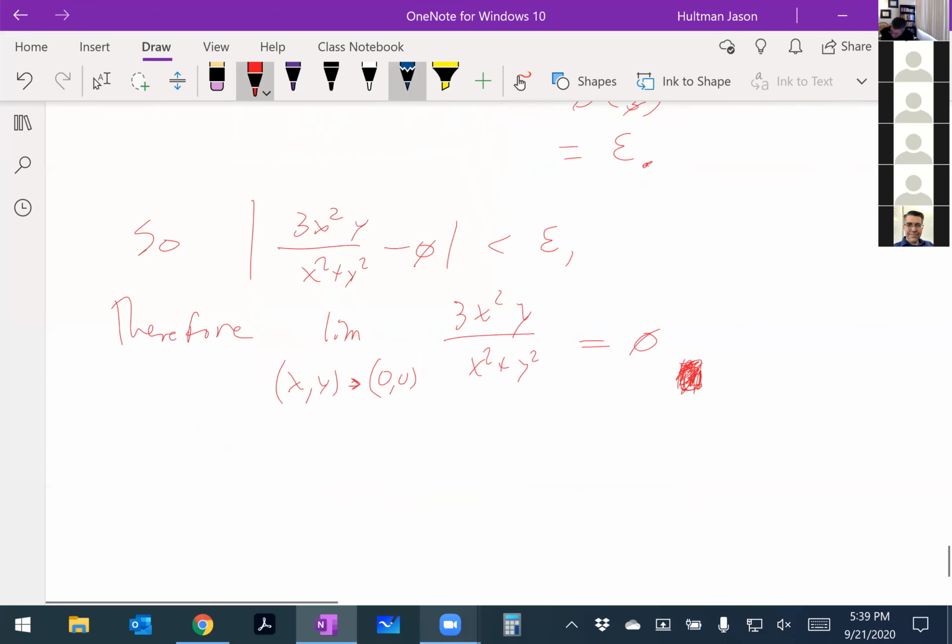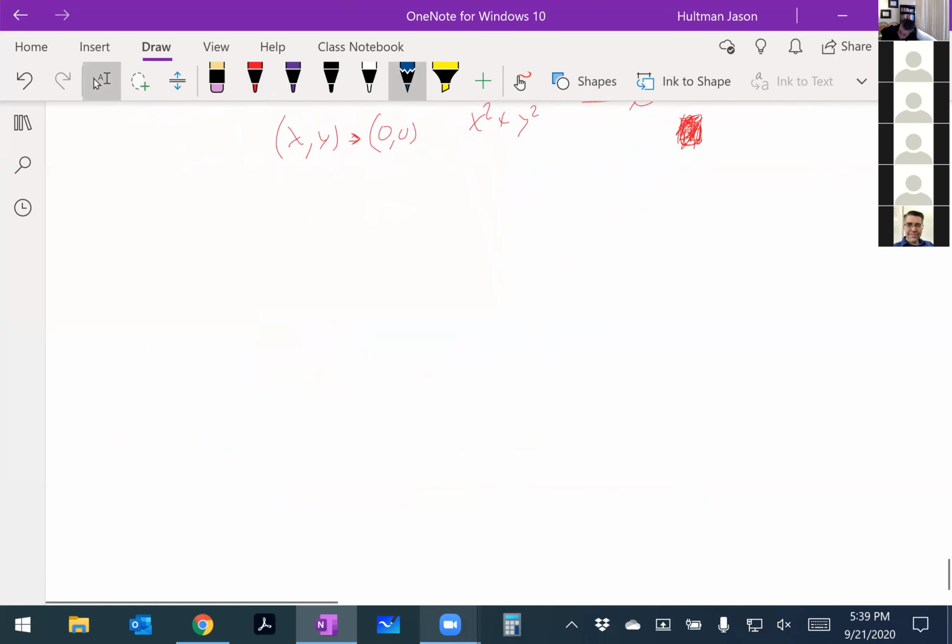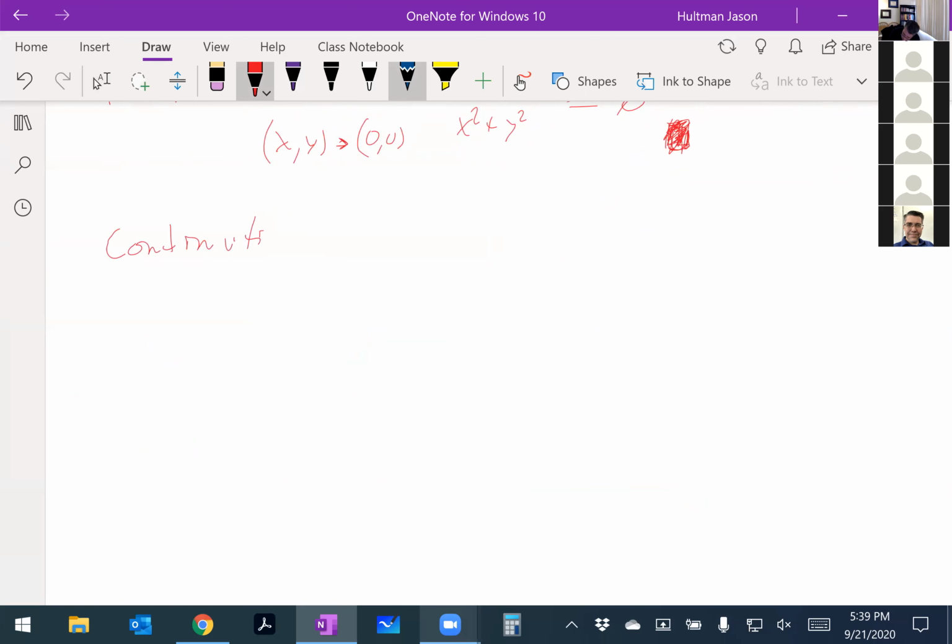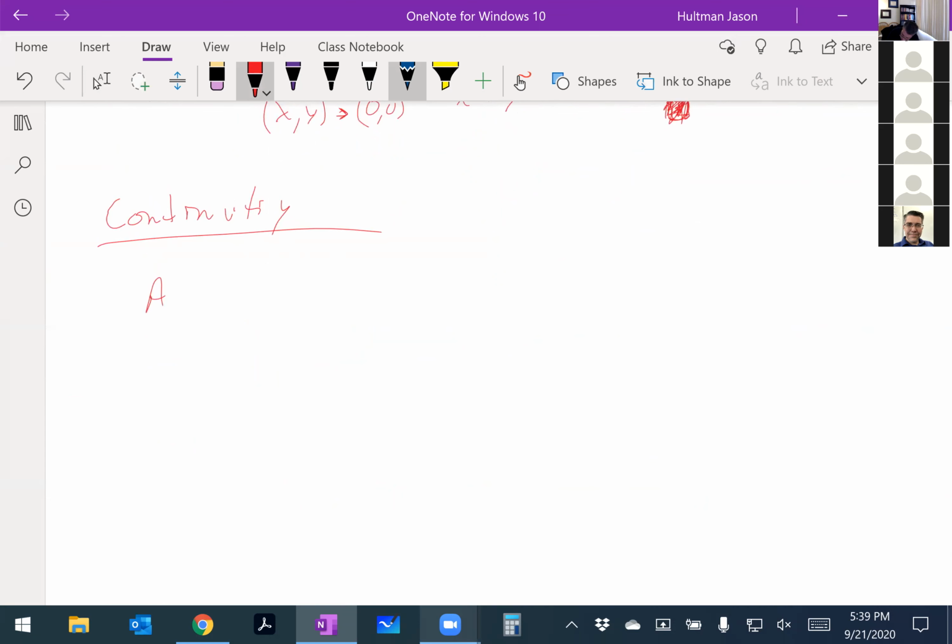Okay, let's just set up the definition of continuity real quick, and then we'll call it a day. Continuity. A function, this is basically the same thing in 2 dimensions as it is in 3.